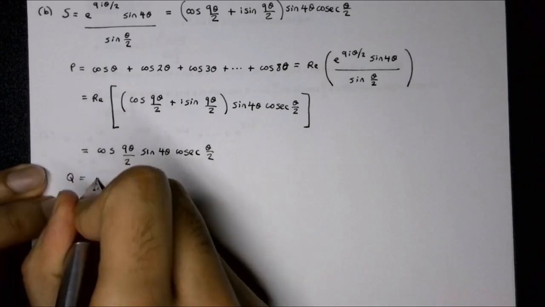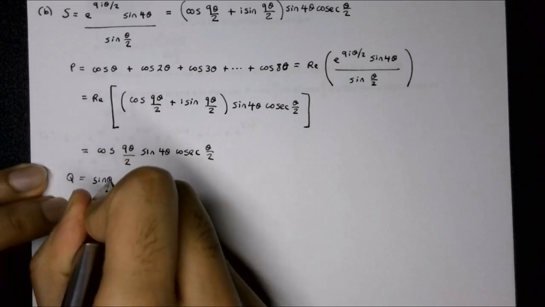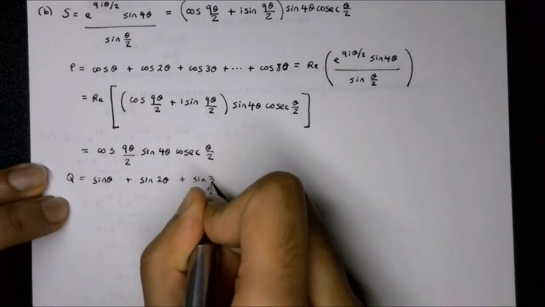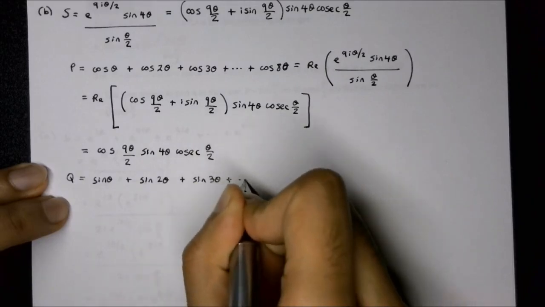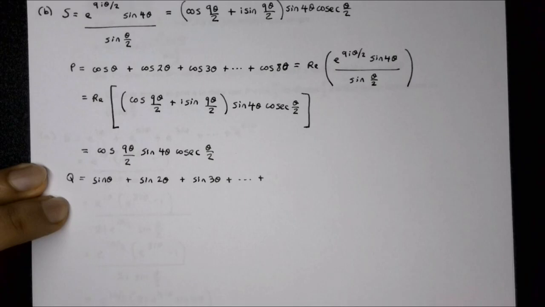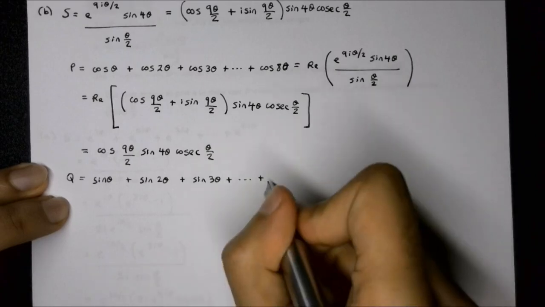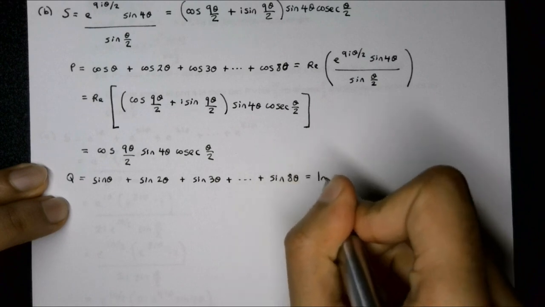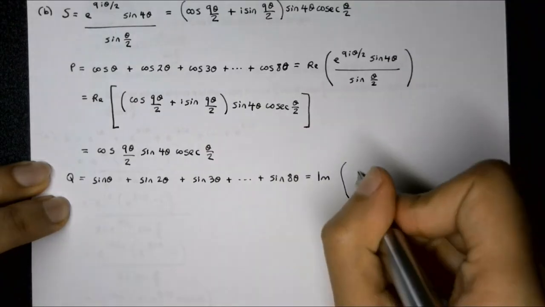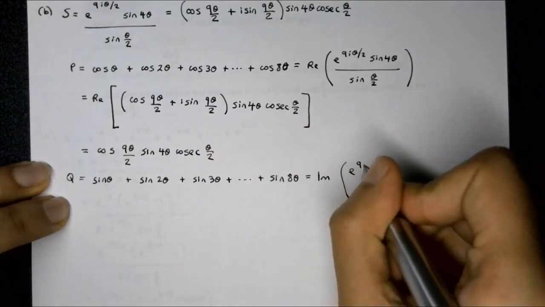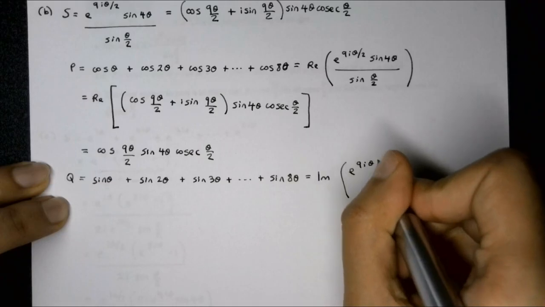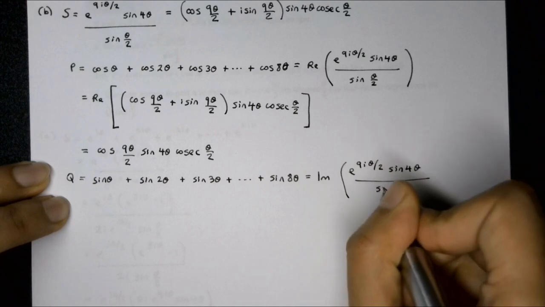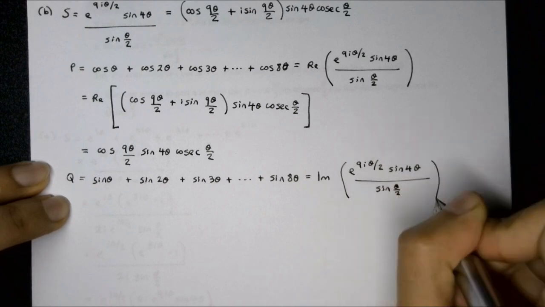So we know that Q is equal to sine theta plus sine 2 theta plus sine 3 theta plus terms up until sine 8 theta, and of course this is equal to the imaginary part of this result, so it's equal to the imaginary part of e to the 9i theta over 2 times by sine 4 theta over sine of theta over 2.